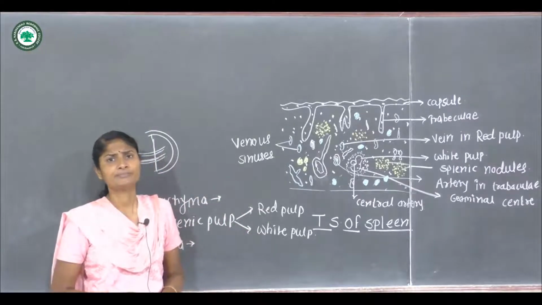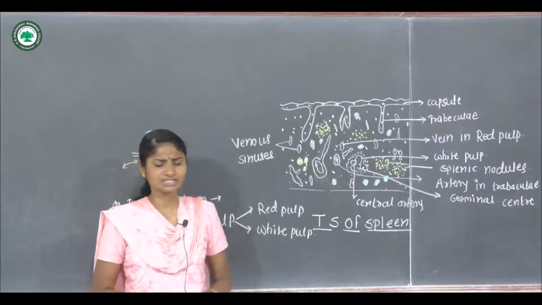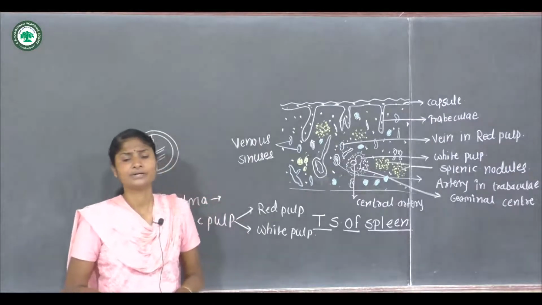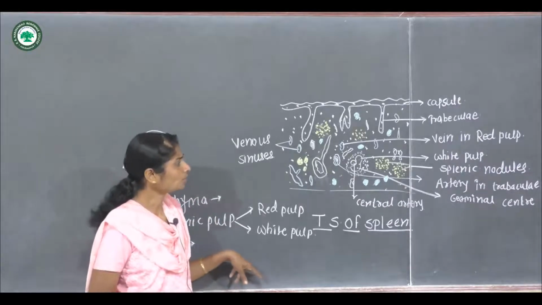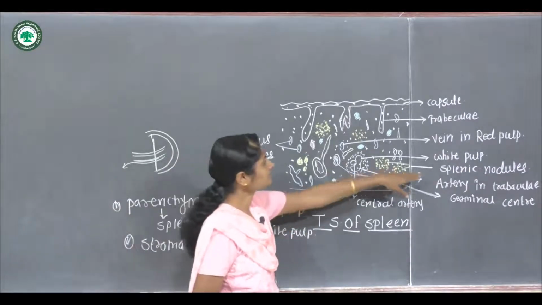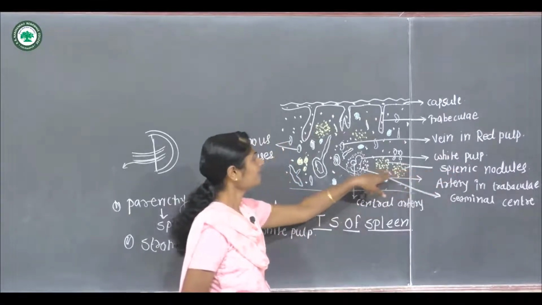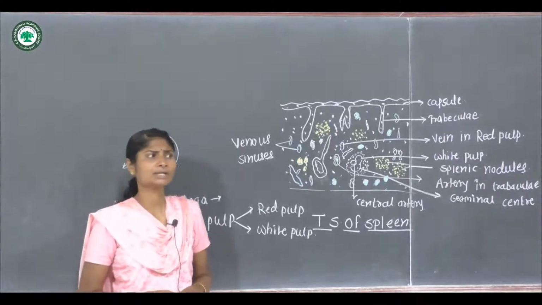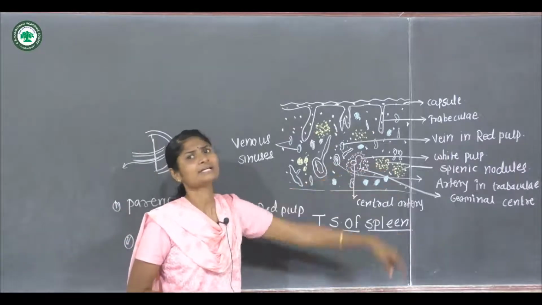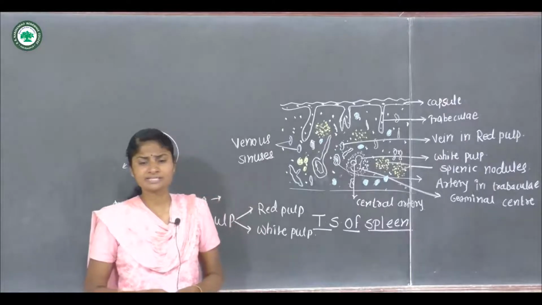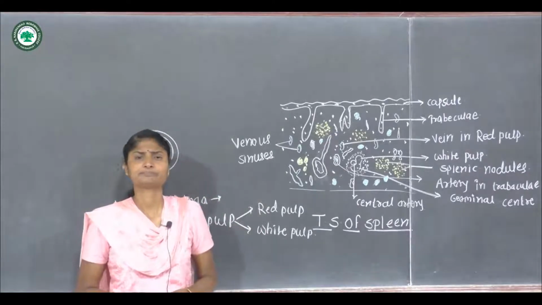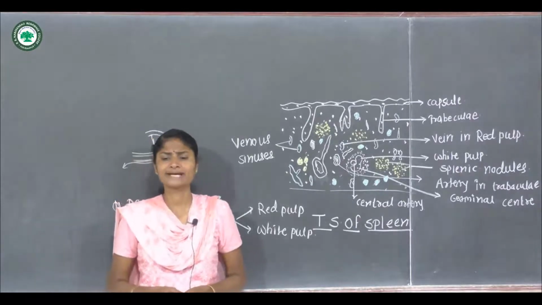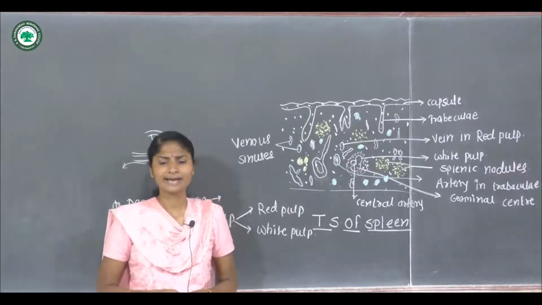At certain places the sheath enlarges in diameter, known as lymphatic nodules, also called splenic nodules or Malpighian corpuscles. White pulp contains a framework of reticular fibers, lymphocytes, plasma cells and macrophages.